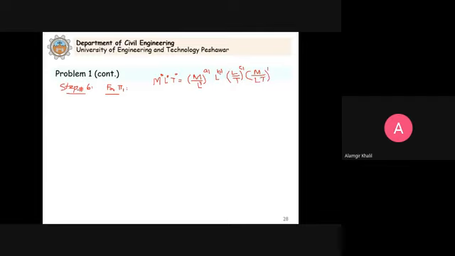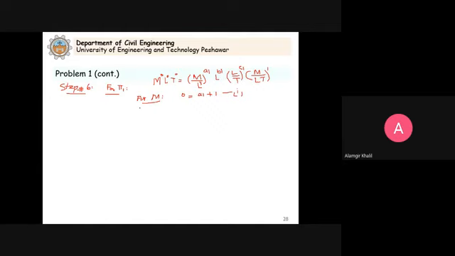Now we apply the principle of dimensional homogeneity. So for M, just like we did in the Rayleigh method, the left side is 0, and on the right M is a1 plus 1. Let's say this is equation 1.